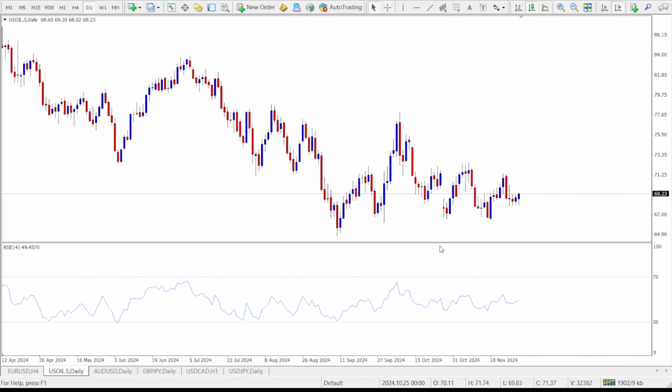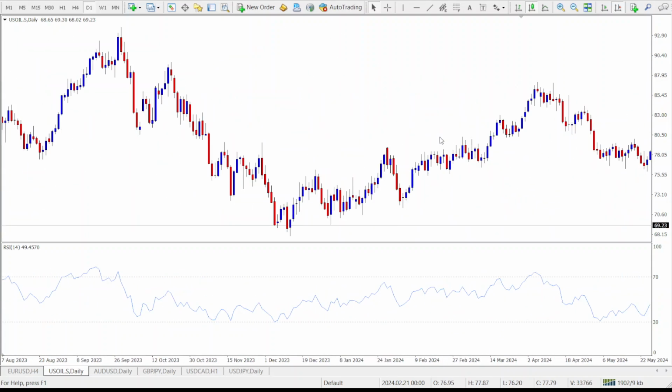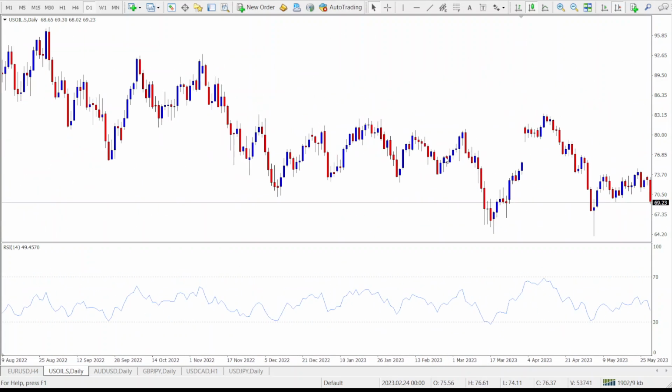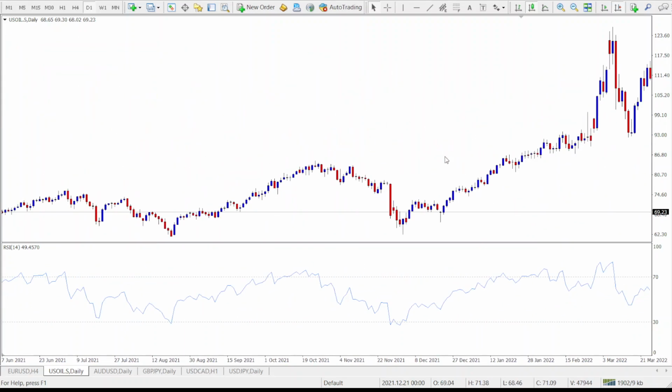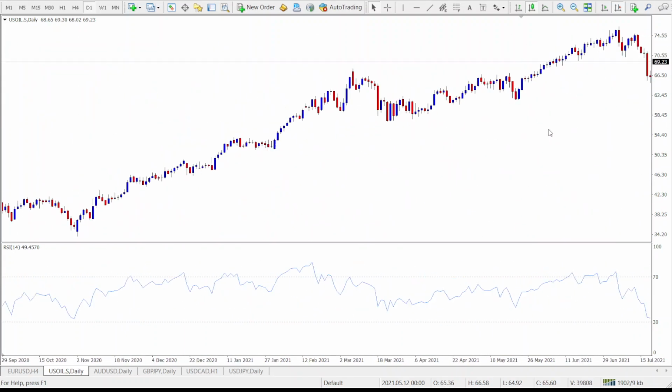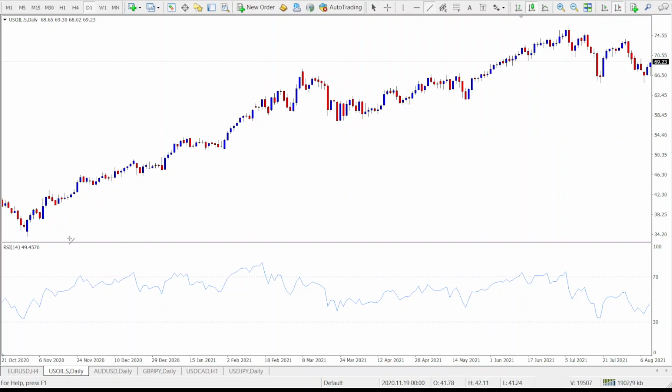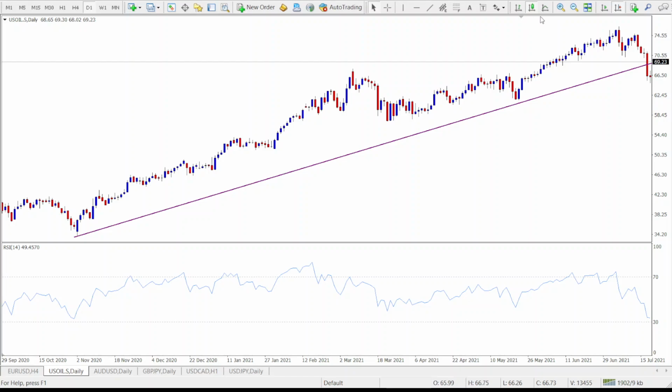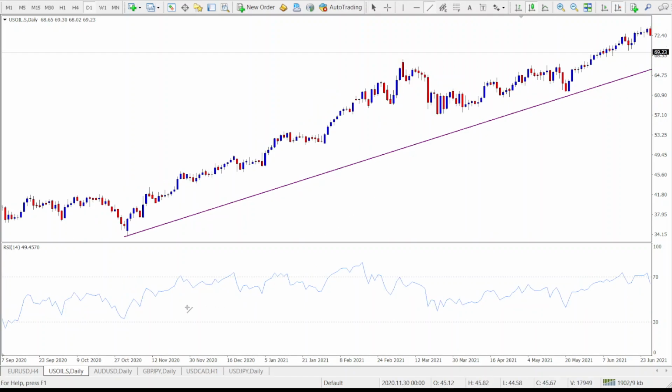For example, in this scenario, I want to look for a strong trending market to use as an example. We can see that in this example, we had the market trending upward, right? We can see that the RSI indicated a strong bullish trend as it was consistently trending upwards as well.